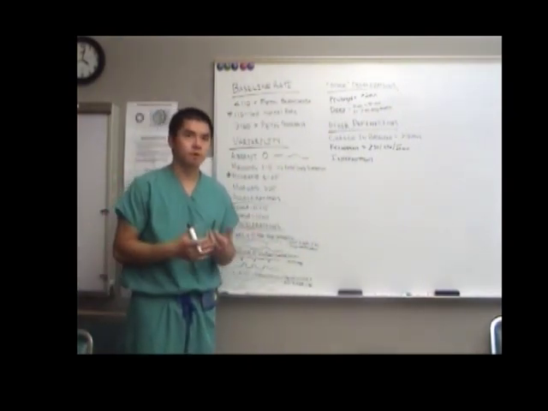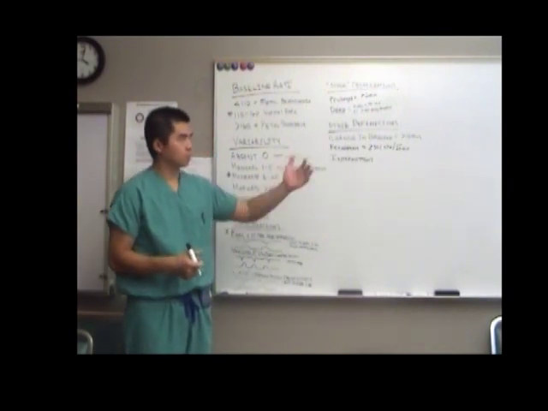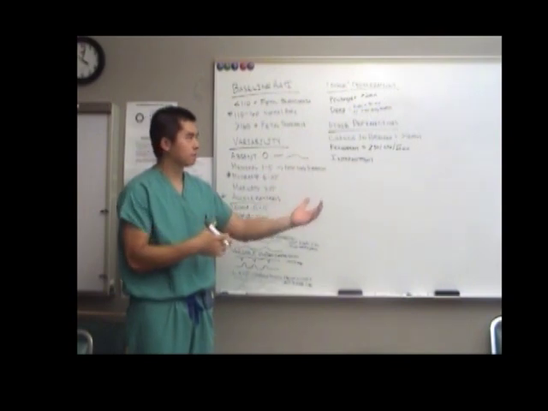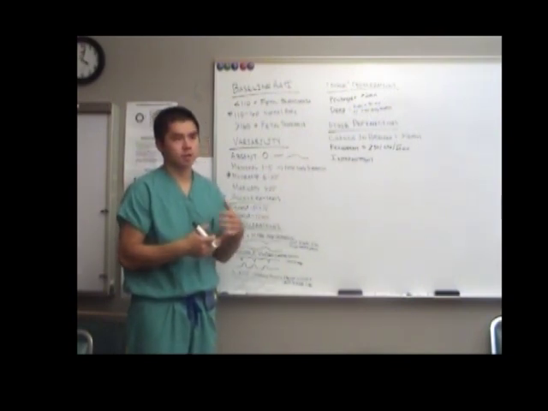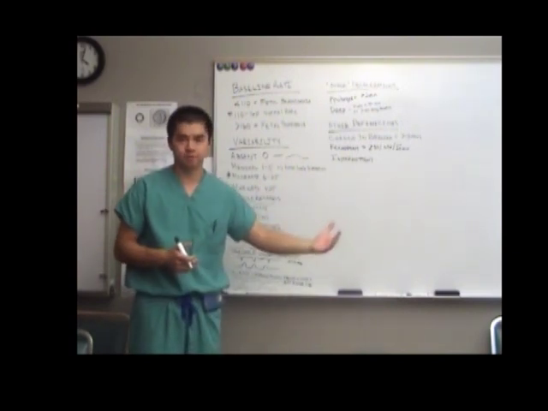So if you have variable decelerations that occur with more than 50% of your contractions, say you have 6 contractions during that period and they occur with 3 of the contractions, well then those variables are recurrent by definition.